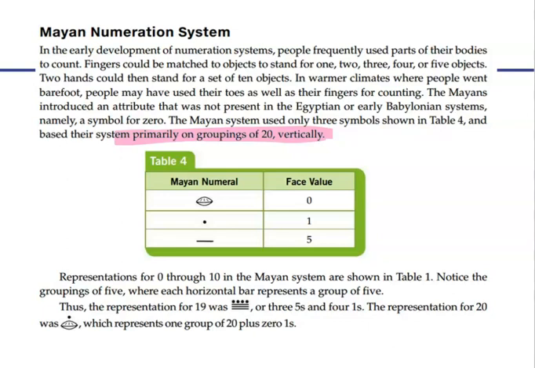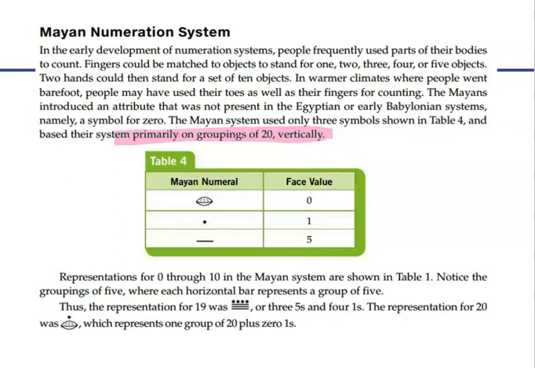Again, it's probably some kind of pod. I haven't exactly researched what that symbol comes from, but maybe some kind of seed pod would be my best guess. Notice the groupings of 5, where each horizontal bar represents a group of 5. Okay, so you have a dot for 1, a bar for 5, and again, a spaceship for 0. Please don't repeat that to other people, but I bet your students would call that a spaceship too.